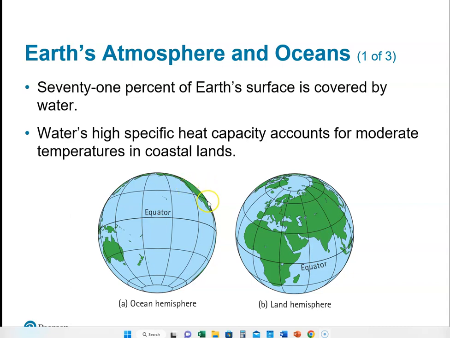Whereas, I know this isn't in Kansas, obviously it's on the other side, but if you think about Kansas, in the middle of the land mass of northern North America, not near any kind of water or anything like that, Kansas has great variation in temperature between winter and summer, whereas winter and summer for San Francisco, there are of course differences, but not as great.